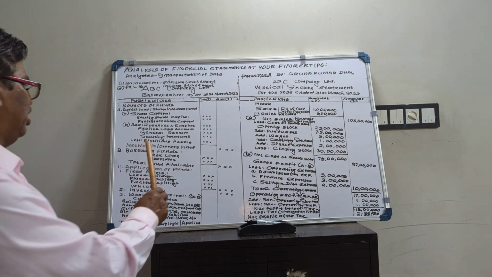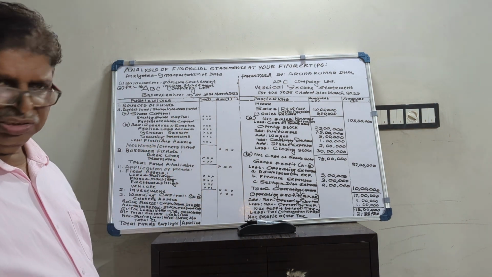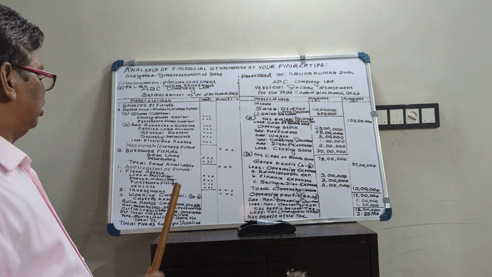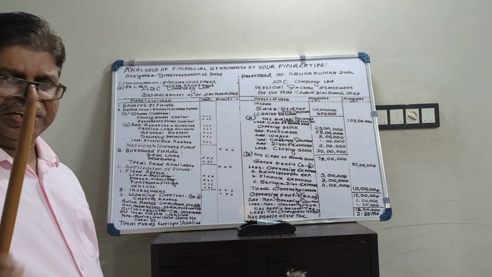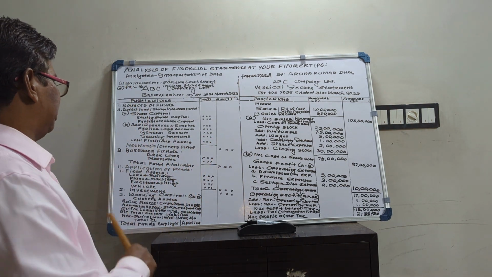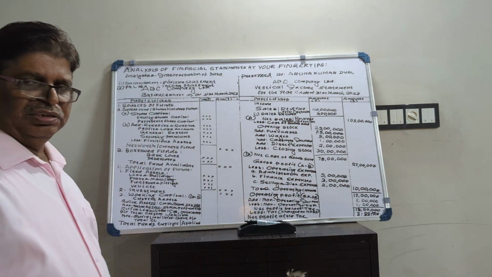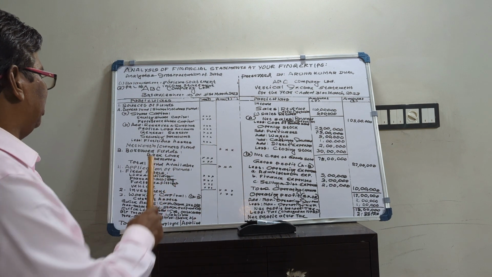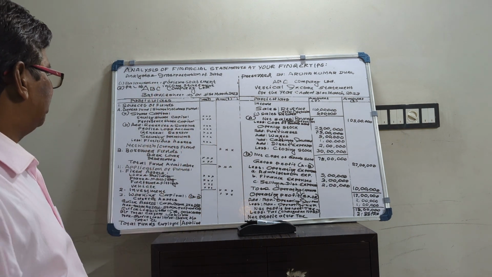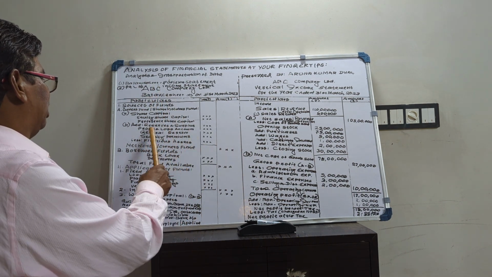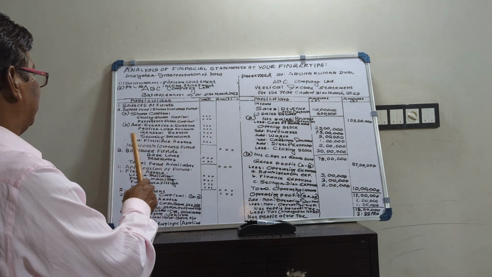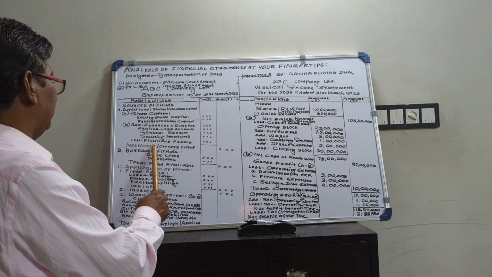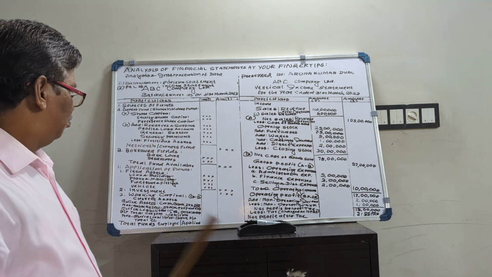Fictitious assets are those assets which are not actually assets but arise due to, suppose, goodwill, patents, copyrights, trademarks, then discount on issue of debentures, preliminary expenses written off. These are fictitious assets. Fictitious assets will be deducted from reserve and surplus. Share capital plus reserve and surplus less fictitious assets will give us net worth or owner's funds.